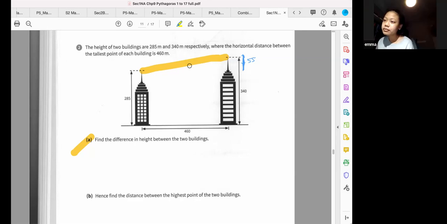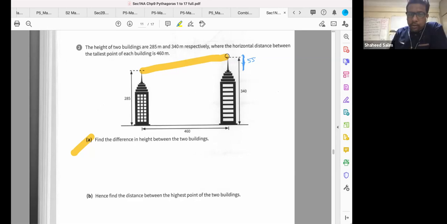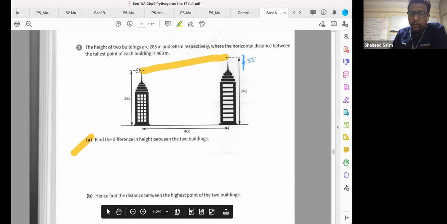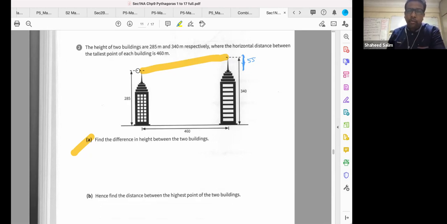And then, can you find the distance? Okay, so they want to know the point from here to here. Find the distance between the highest point of the two buildings. In order to find it, you need to draw a right angle triangle. Can you draw your right angle triangle, please?